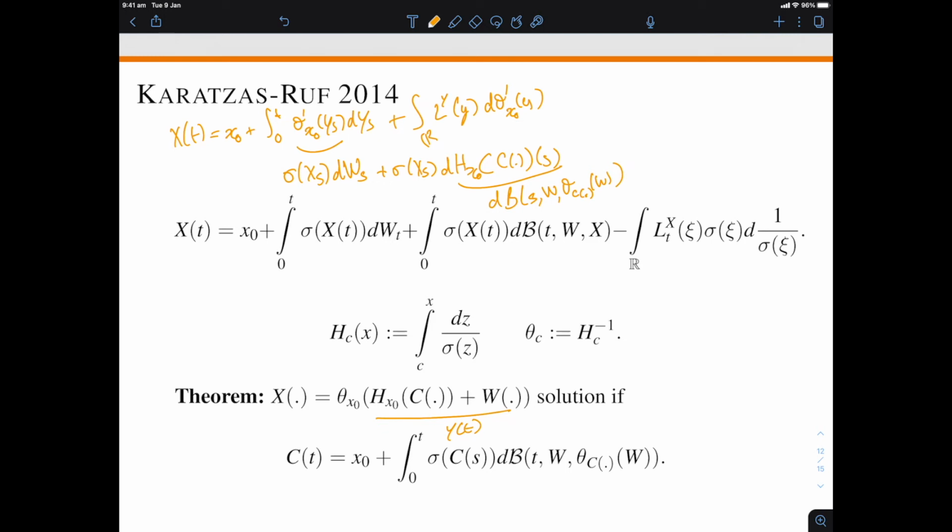So you get the appropriate terms here and there from the Itô-Tanaka formula, and now you have this term involving the local time, which is also going to give you that term involving some fairly technical work with the local time and the way theta is defined.